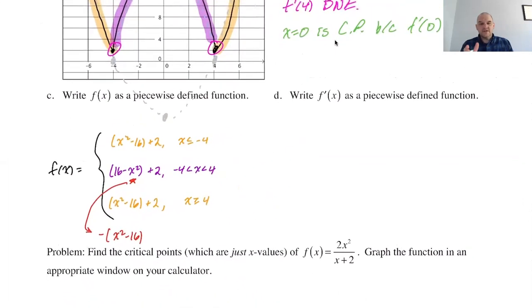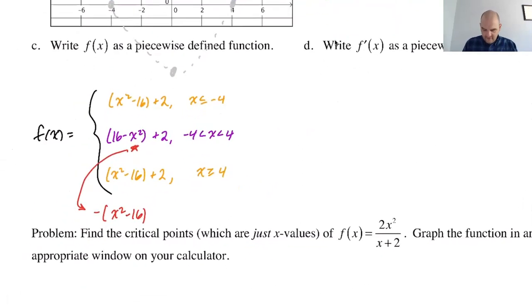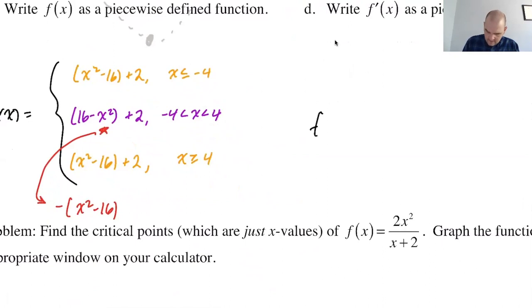So now in part D, we're going to write f prime as a piecewise function. We have to be careful, but I think we can do it. So f prime of x is, for the first part here, what's the derivative of x squared minus 14? Because that's basically what this function is.